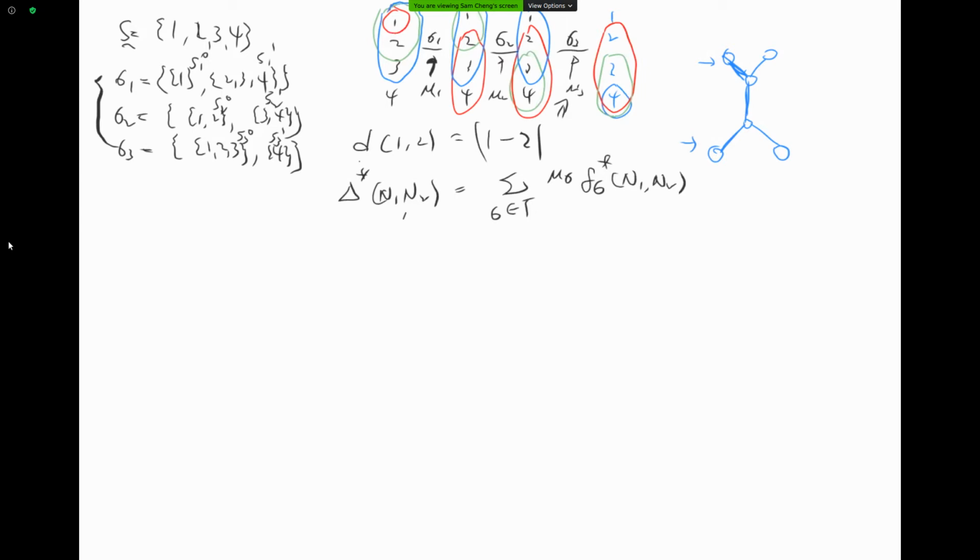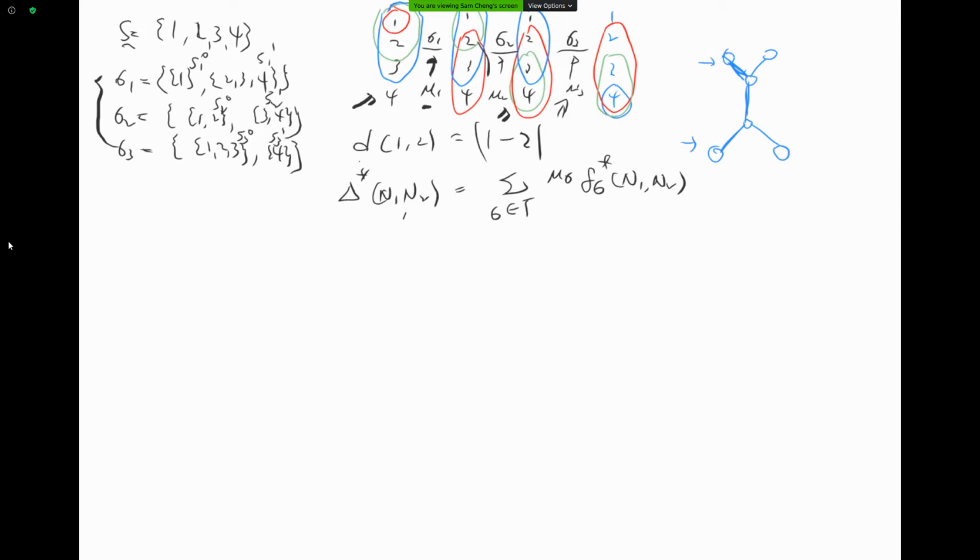My delta star here is saying that if from m1 and m2 there's a transition for the sigma, so basically m1 and m2 pick 2 different subsets from the sigma, then I should add that. For example, if I go along from here to here, I look at the sigma, there's a change of sigma 1 here, so I should add mu1.